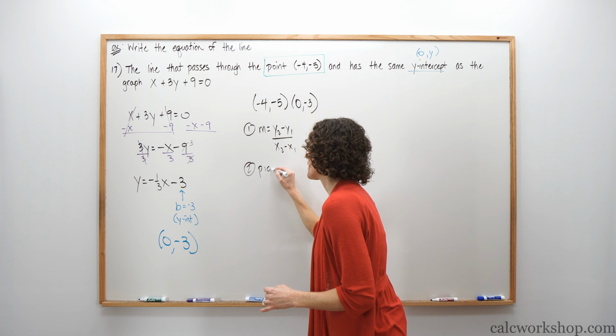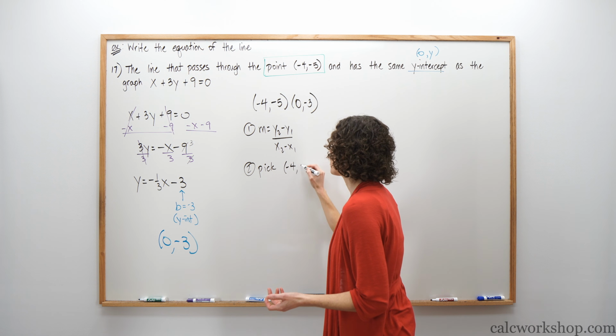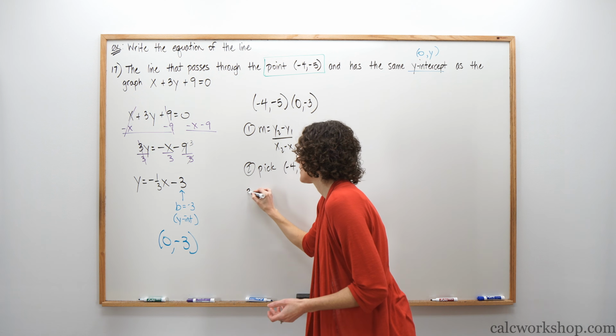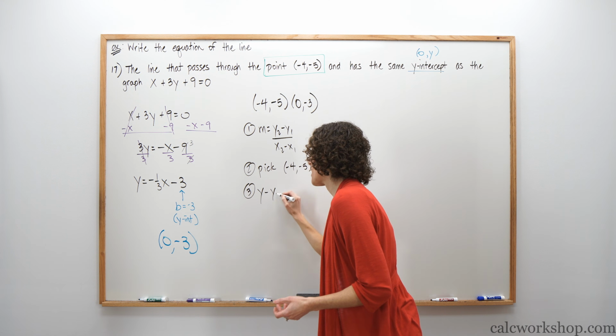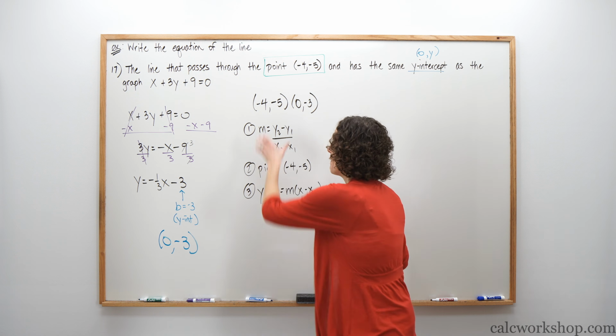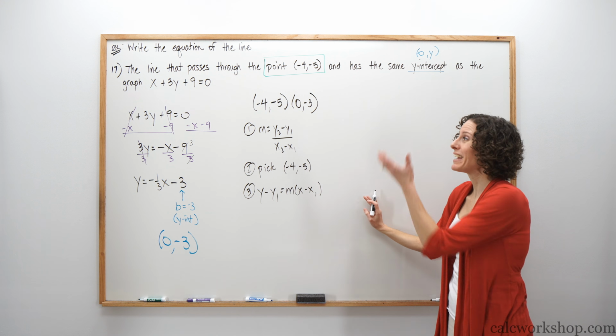Step 2, we pick a point. So probably I would choose (-4, -5), because that's the point that was given to us. In step 3, y minus y1 equals m times x minus x1.